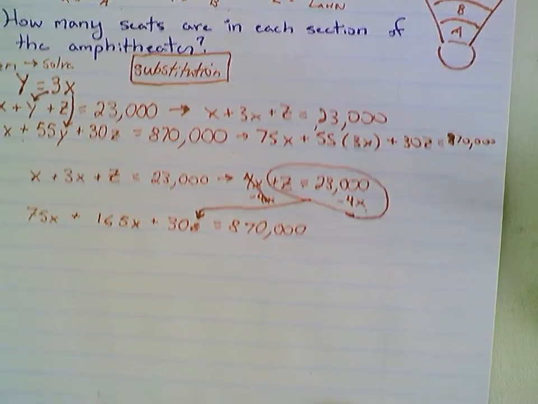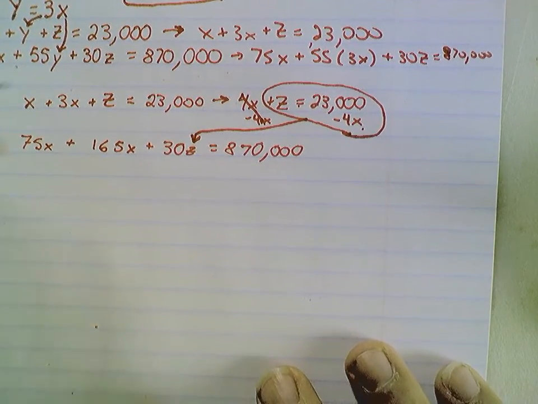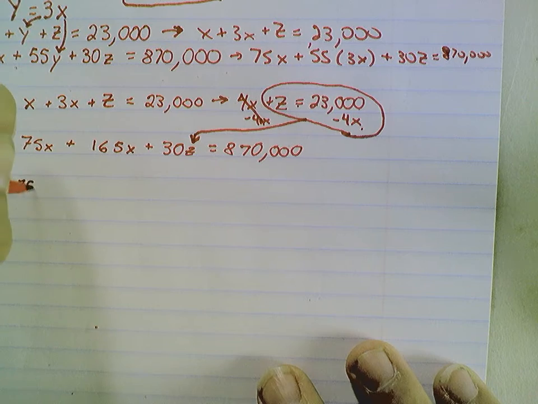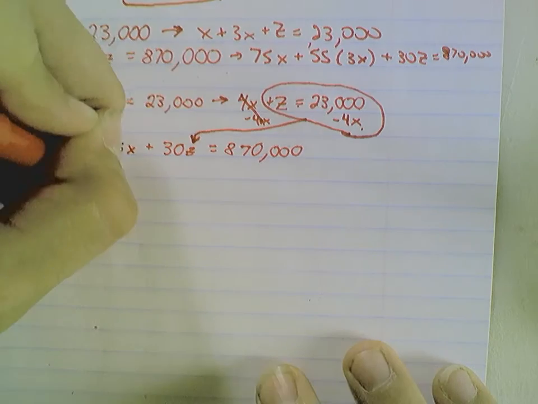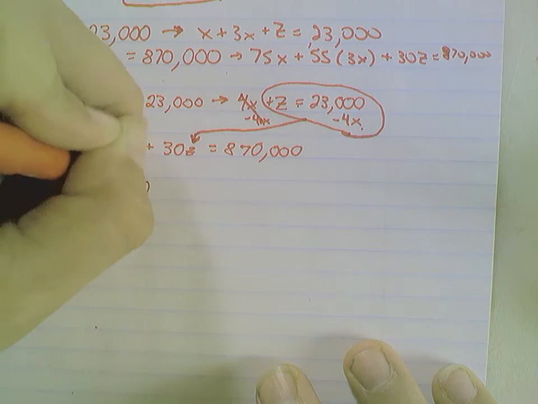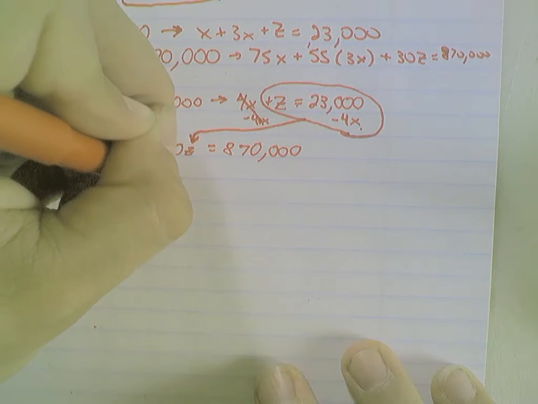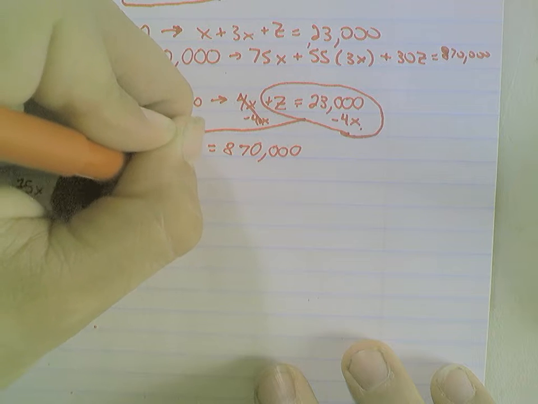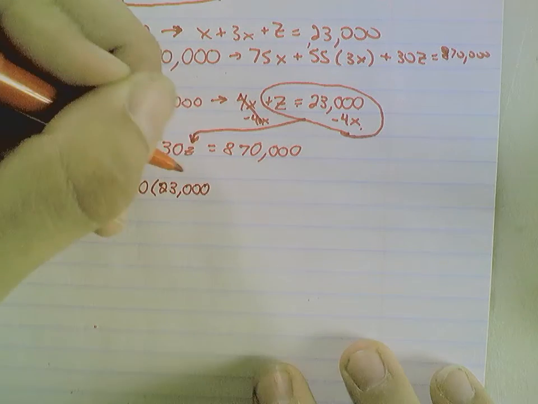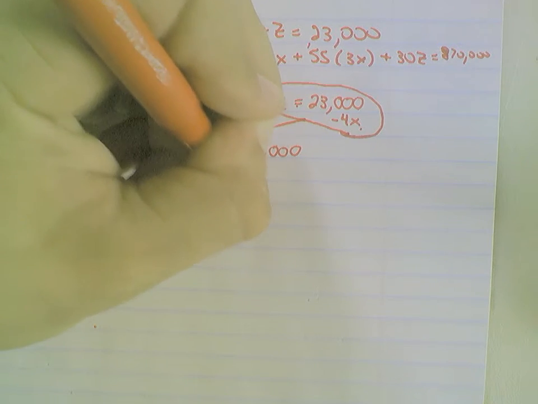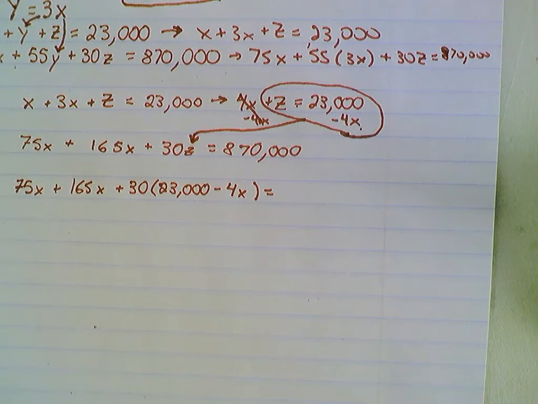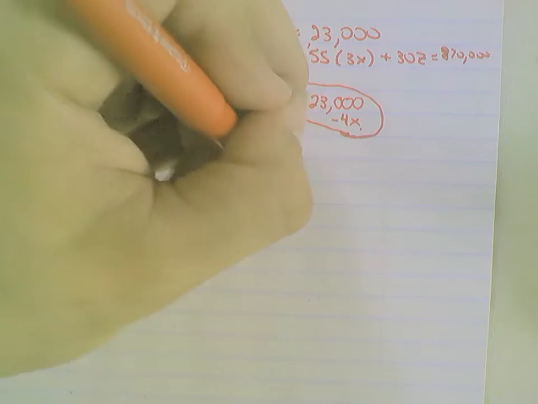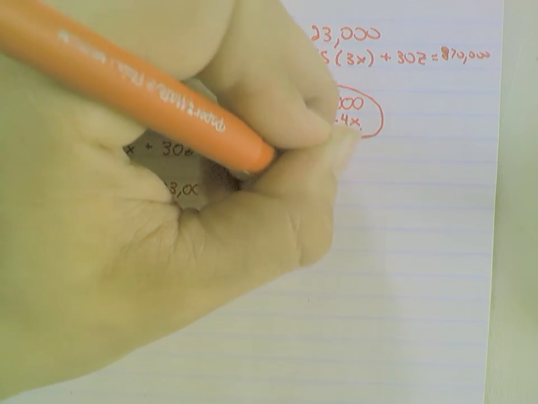So I can rewrite this bottom equation now as 75x plus 165x plus 30 times 23,000 minus 4x, and that all has to equal 870,000.